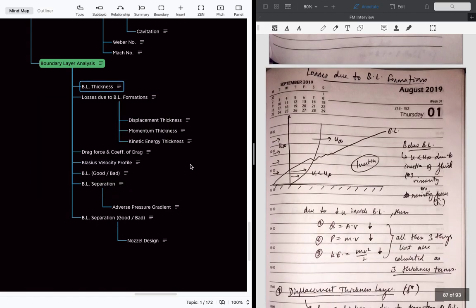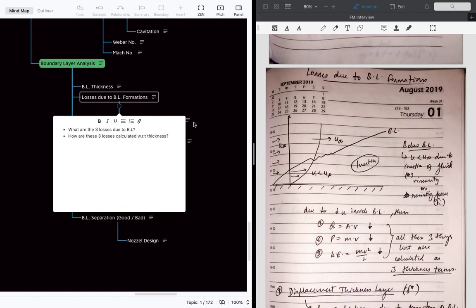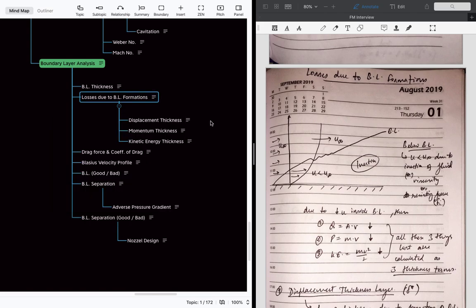Okay, so next is the loss due to the boundary layer formation. What are the three losses due to the boundary layer formation, and how are they calculated with respect to the thickness? We will see that.